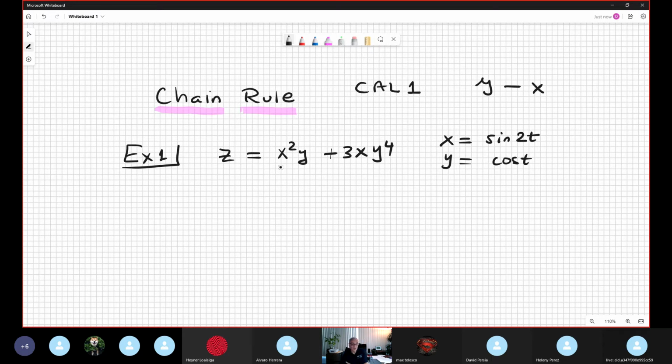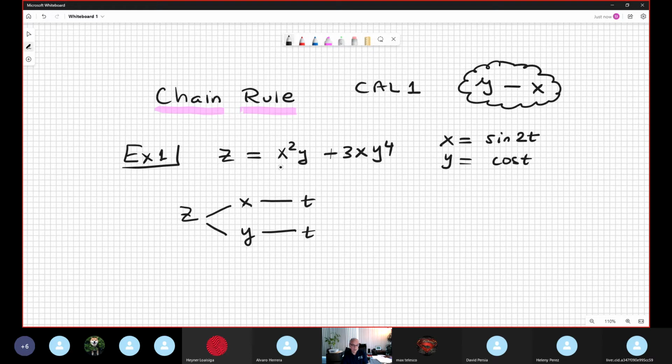So now the tree can represent the chain rule, which is a little bit more complicated. z depends on x and y, but x depends on t and y depends on t. This is important to generate, because this tree gives me the specific formula for the chain rule in any problem. So let me try.